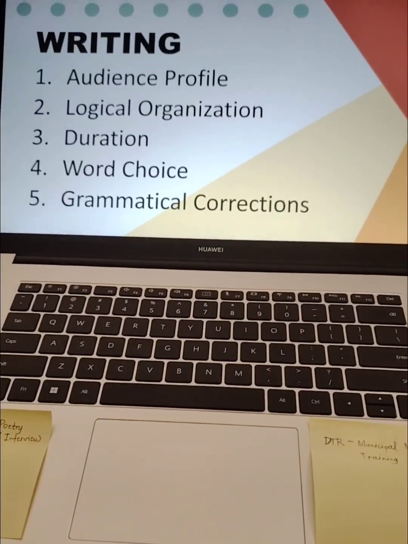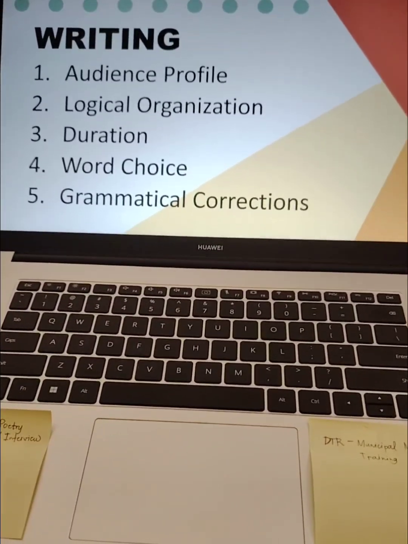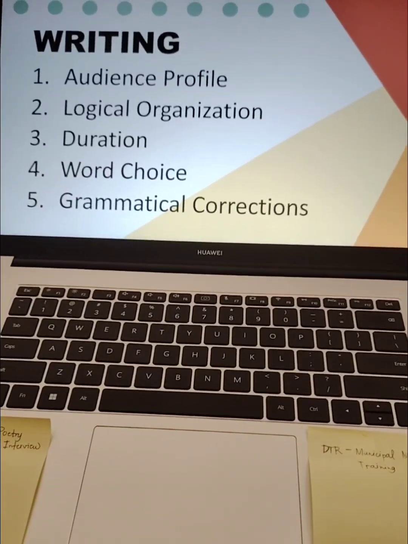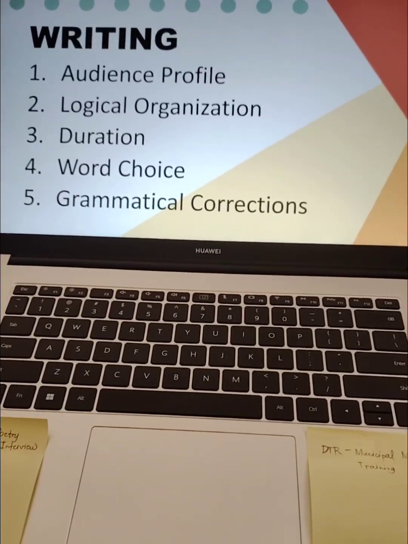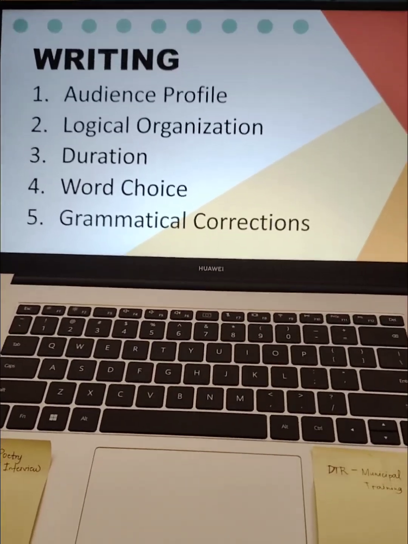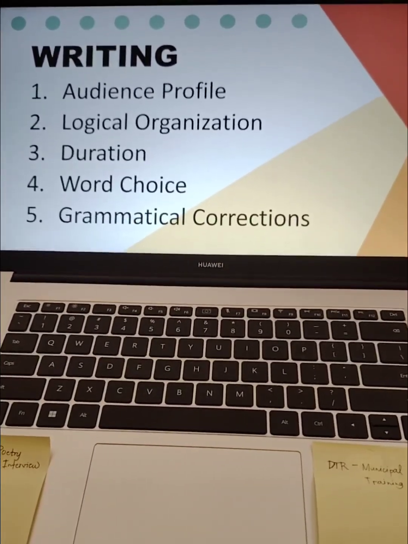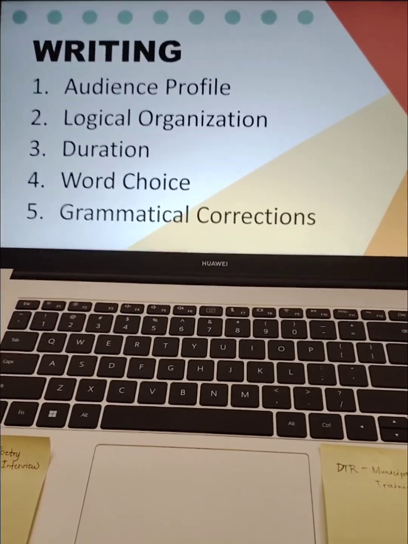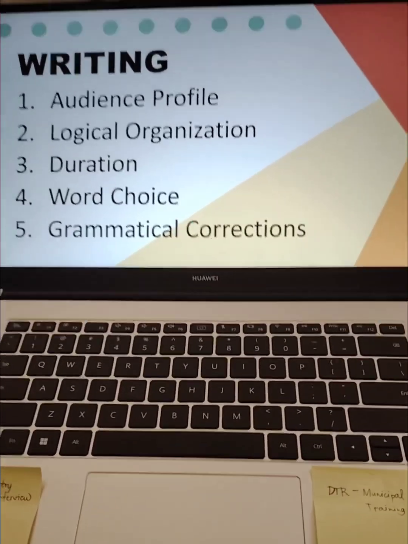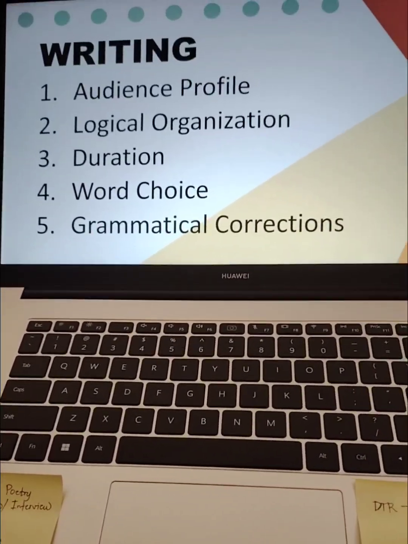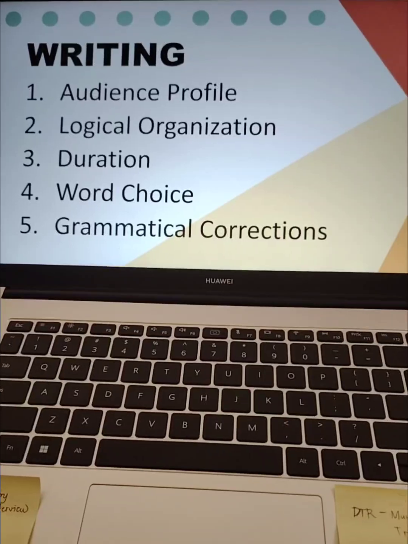Why it's important to consider your audience profile is because you need it for your word choice and the duration of your speech. Same with the logical organization of your speech. Of course, it depends on your audience.